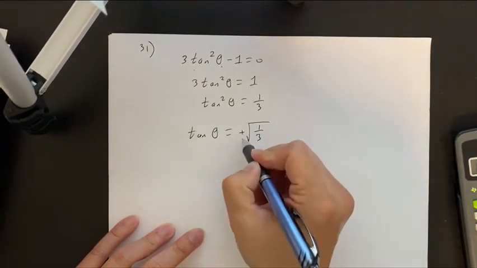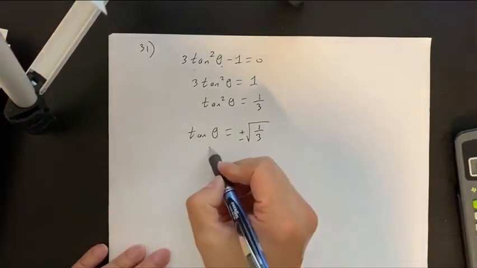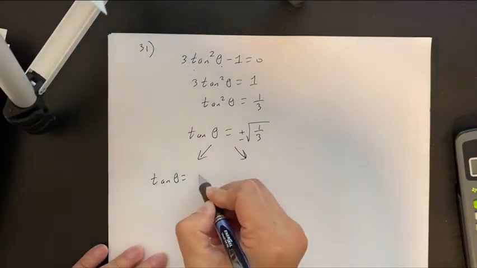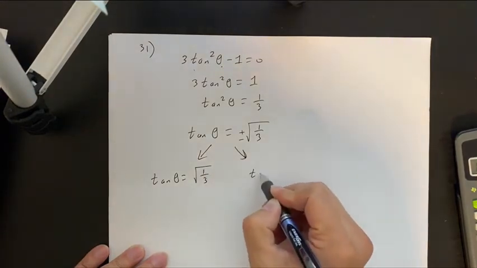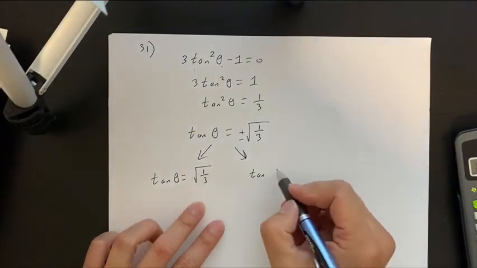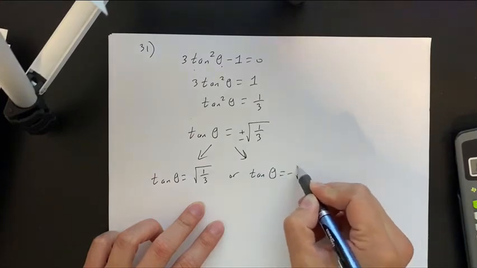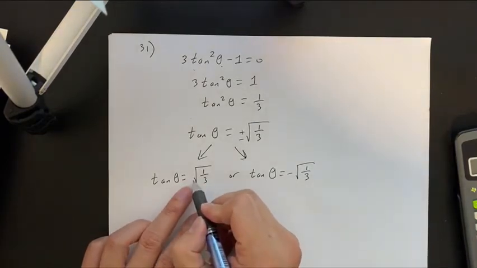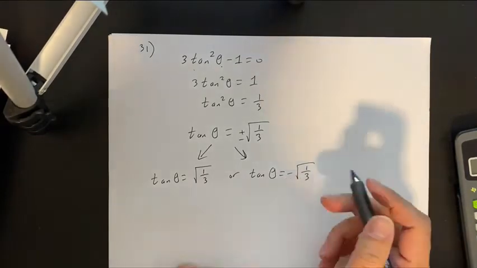But here you have to consider the fact that tangent theta can now be positive or negative. So you actually have two equations to solve. Either tangent theta is positive root 1 over 3, or tangent theta is negative root 1 over 3.